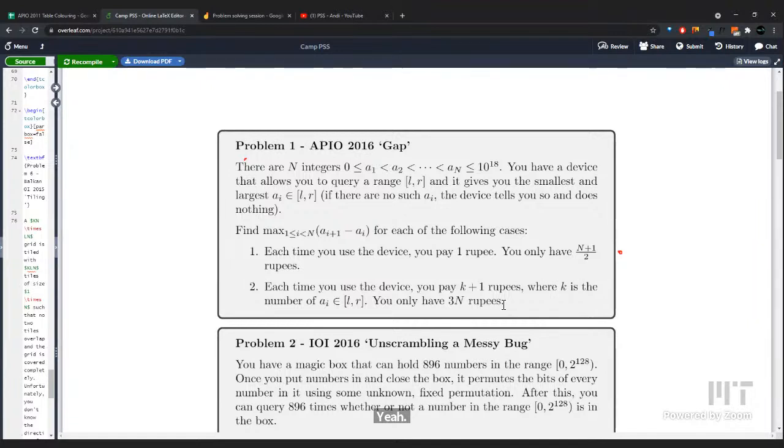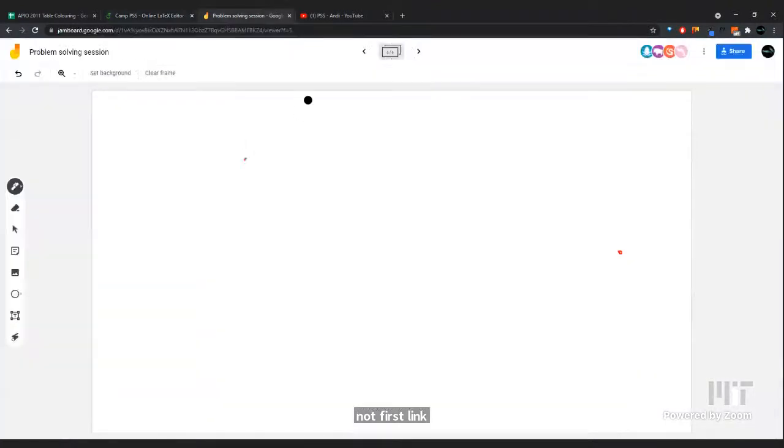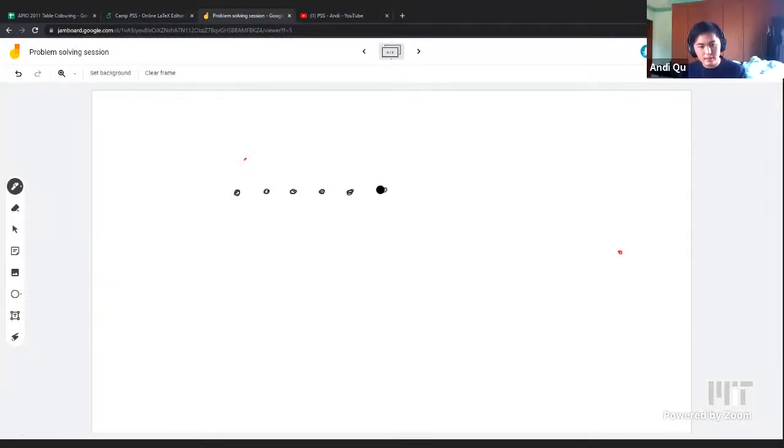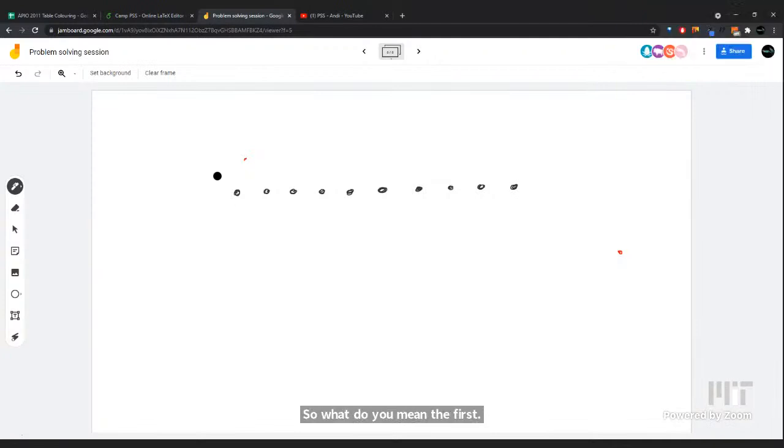In the first one, the (n plus 1) by 2 rupees one, I think our strategy should be that we provide such L and R in the first go, such that we get A1 and A2. So in the first go, our L and R should be somewhere here.